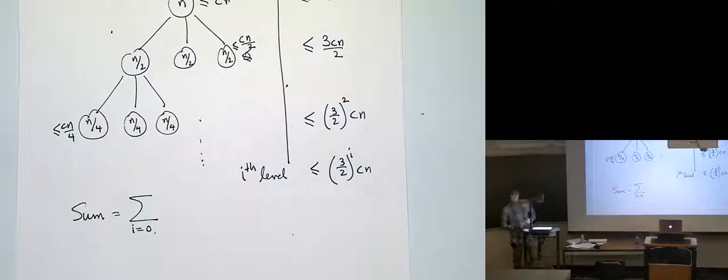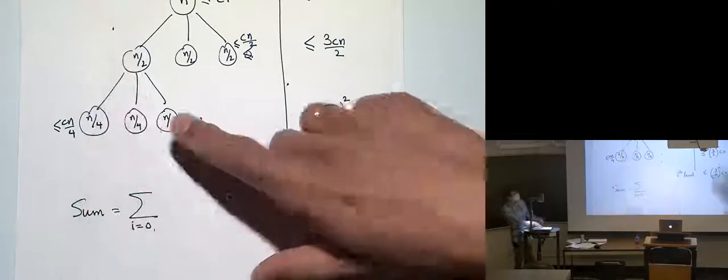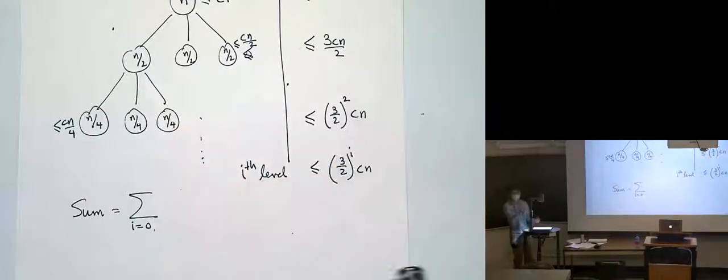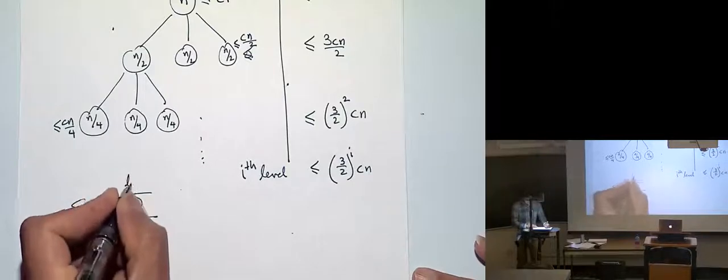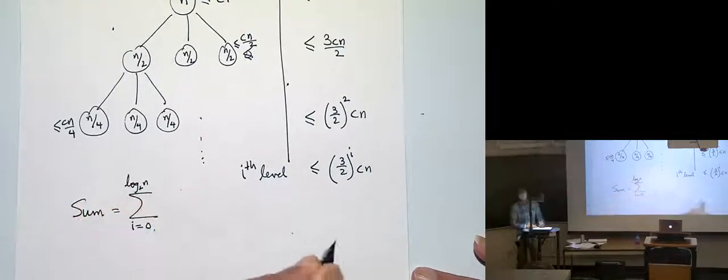Log n. What base? 2. Is it 2 or 3? Isn't it 2? No, I'm messing with you. It's 2, because the exponent is just going down by 2. So it is 2, exactly. It is log base 2 n.